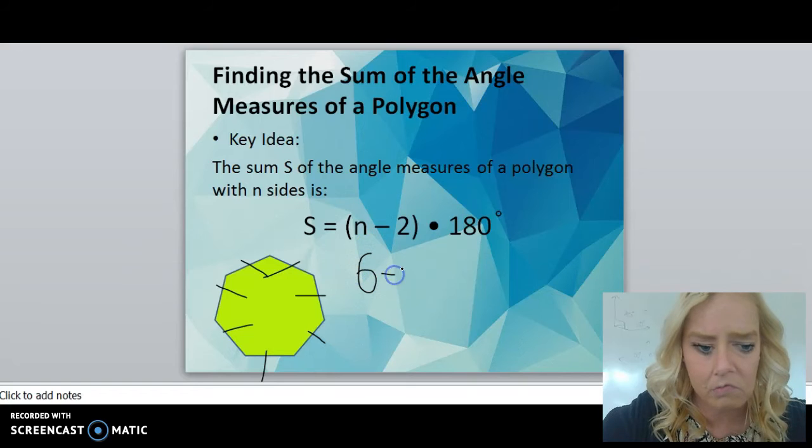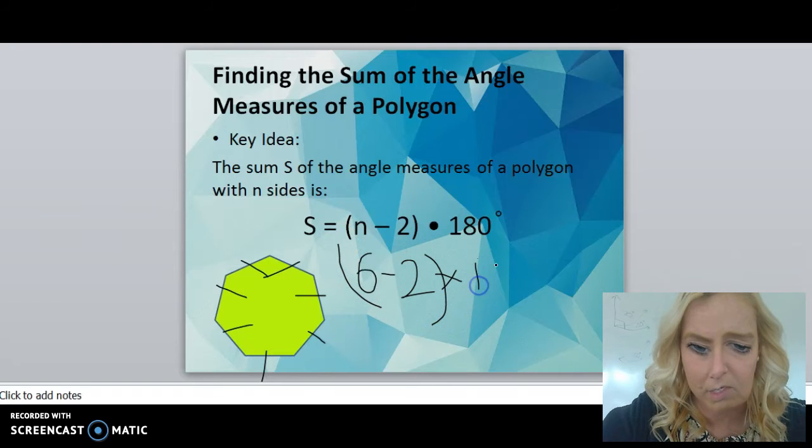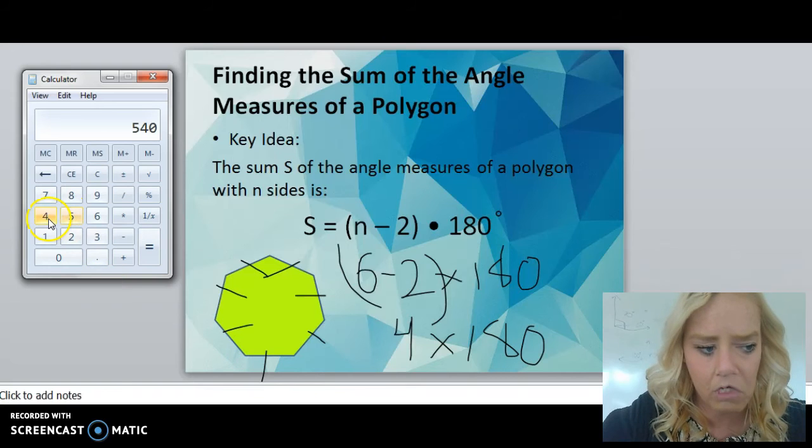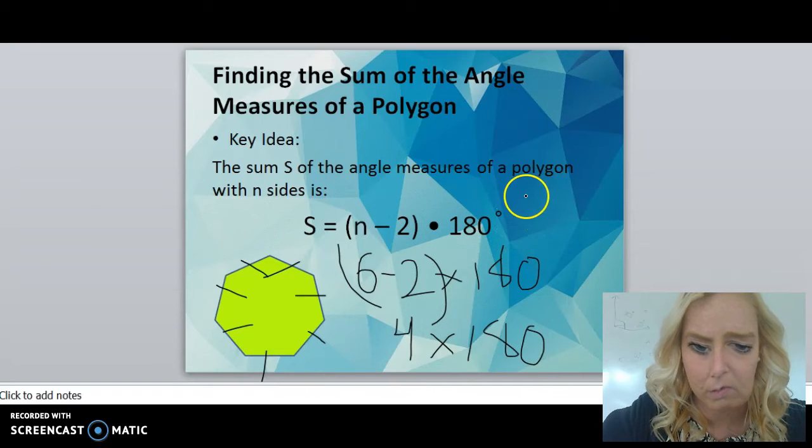So I'm going to take the number of sides minus 2 times 180. 6 minus 2 is 4 times 180. Using my calculator, I'm just going to double check. 4 times 180 equals 720.